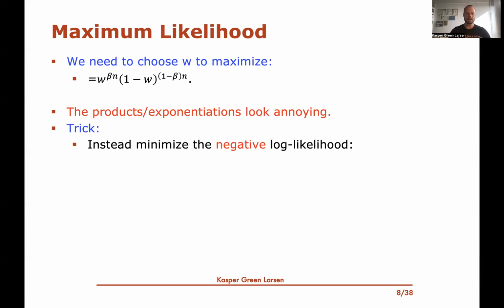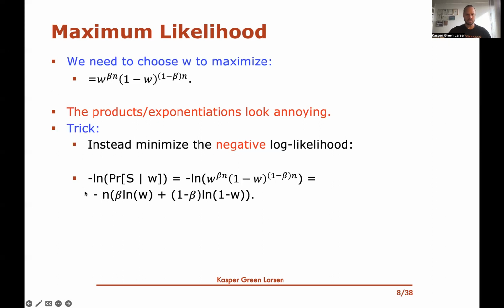So to get rid of this, there's a nice trick. Instead of maximizing this product, we're going to minimize what we call the negative log likelihood. We take the probability that we'd like to maximize, then take the natural logarithm and negate it. So what happens to the expression?